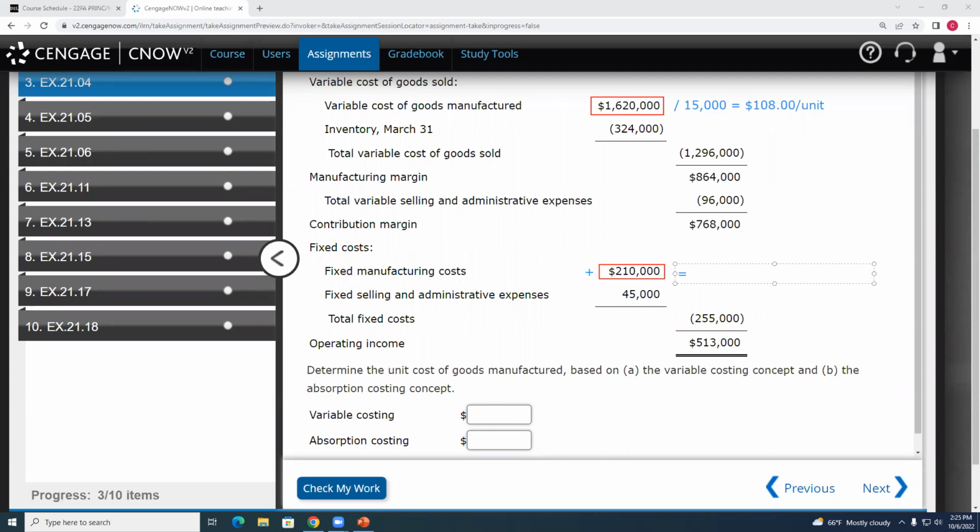That's the total. 1,620,000 in variable costs plus 210,000 in fixed costs. Our total manufacturing cost for the period, 1,830,000. And again, that was for 15,000 units manufactured, or $122 per unit.